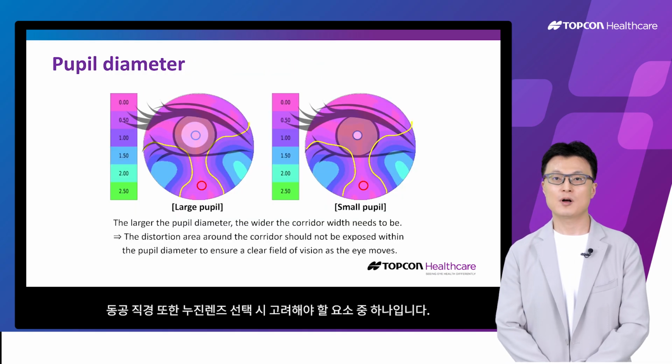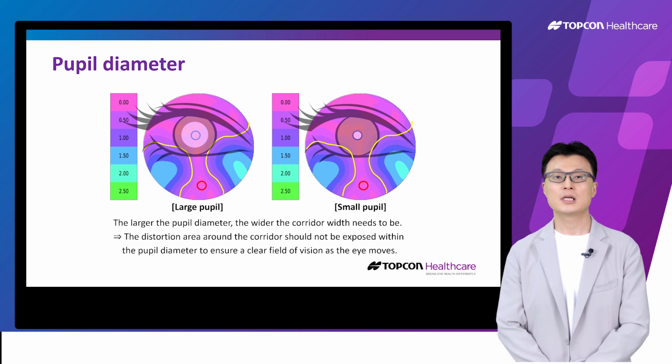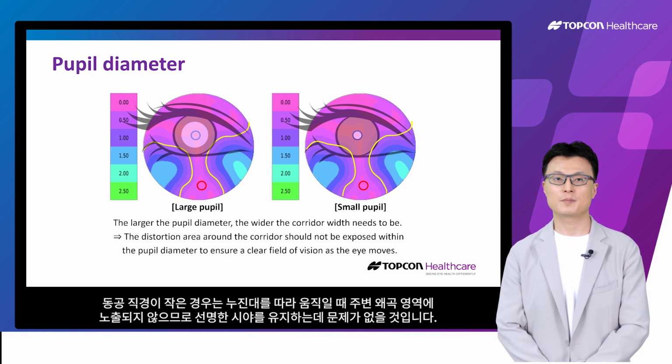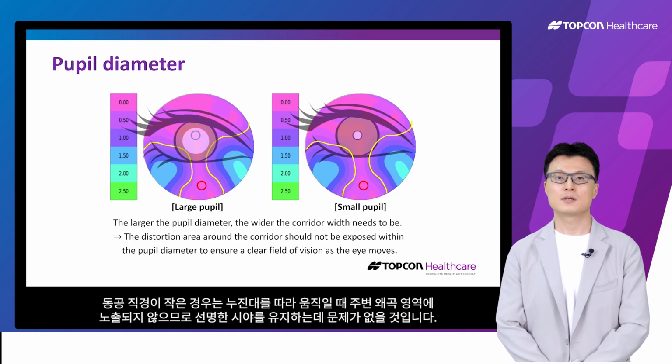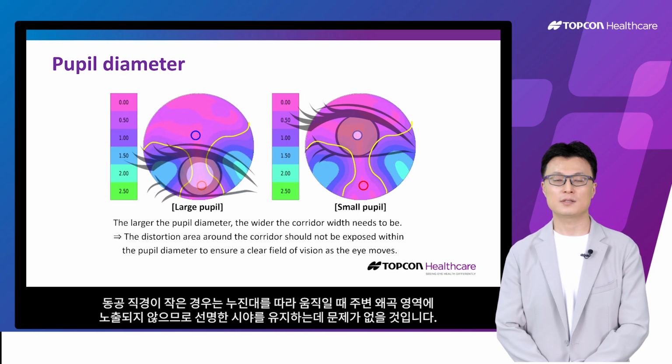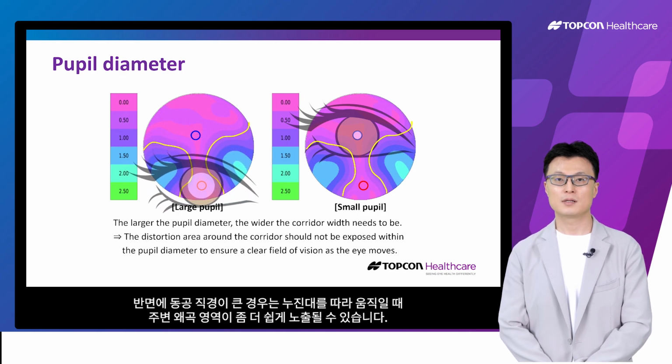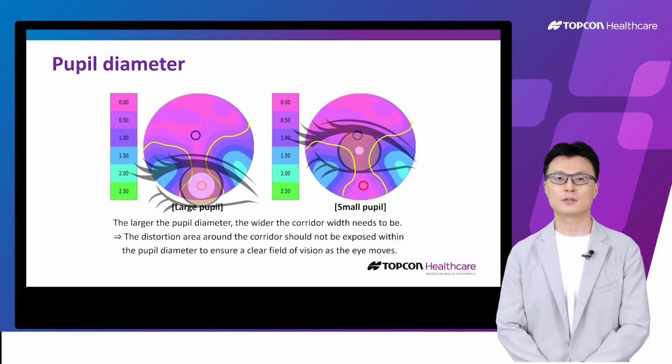Pupil diameter is also a factor to consider when choosing progressive lenses. Small pupils are not exposed to peripheral distortion area when moving along the corridor, so clear vision can be maintained. In contrast, large pupils are easily exposed to peripheral distortion area when moving along the corridor.